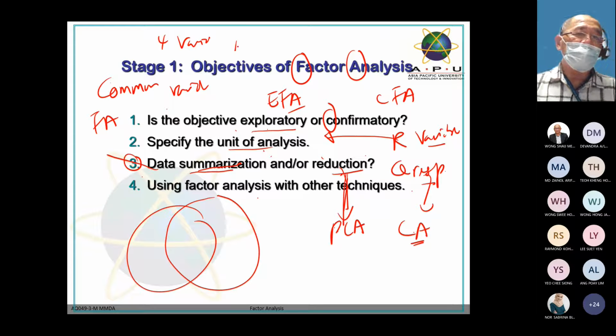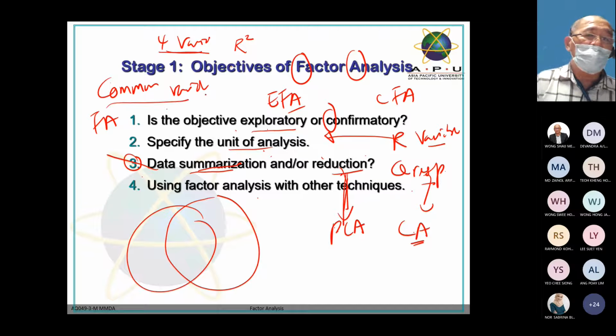The method they use to calculate is to find the common variance. It means these four are quite similar. You can think of it like R squared. If the common variance is quite high among these four variables, then they are grouped together to form a factor.